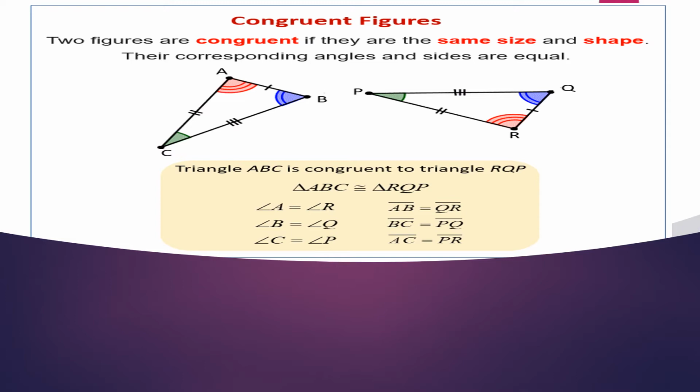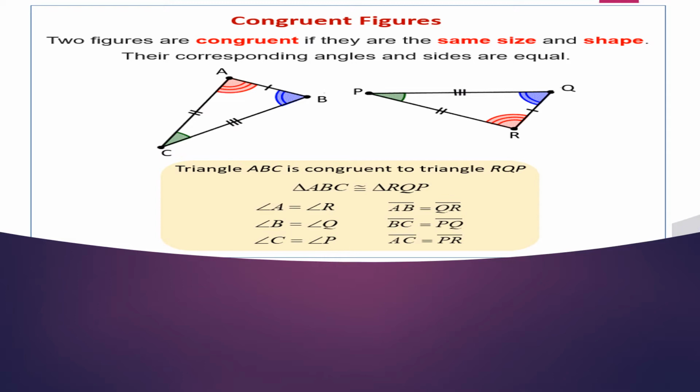So those angles are equal. So we write angle C is equal to angle P. Now angle B matches with angle Q, as you can see. So we can write angle B is equal to angle Q, and angle A matches with angle R. So we can write angle A is equal to angle R.